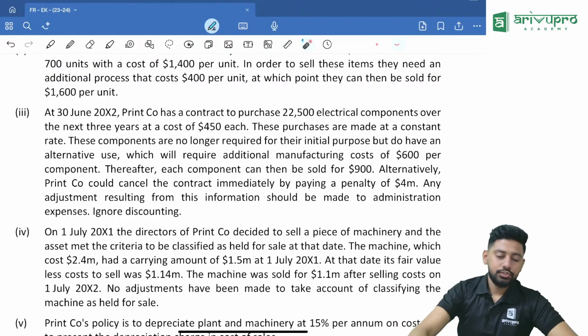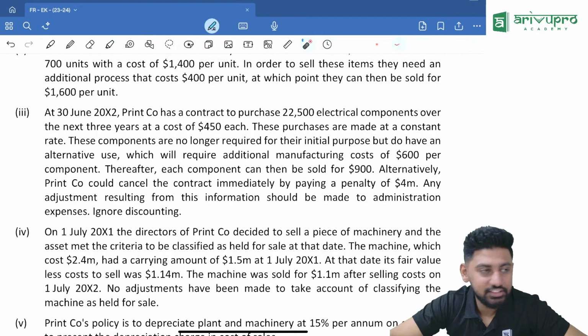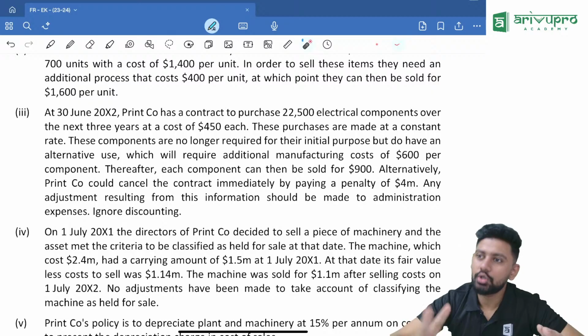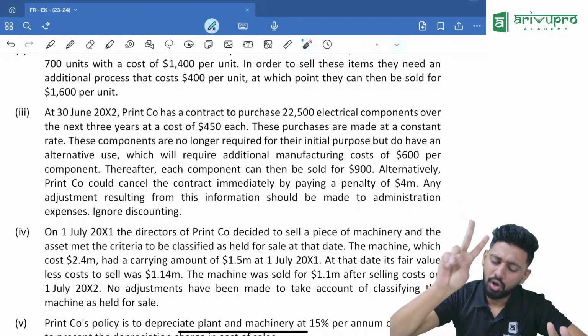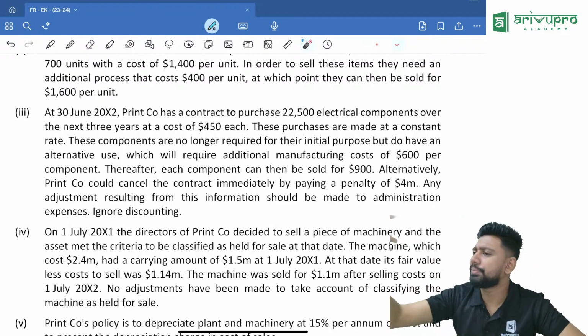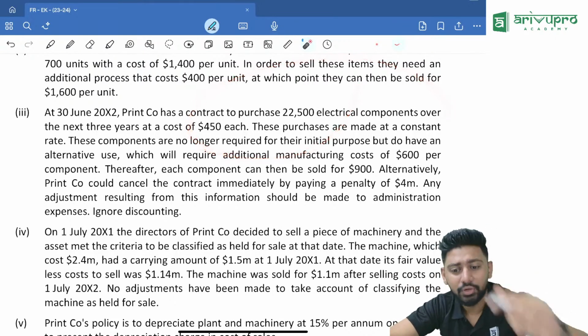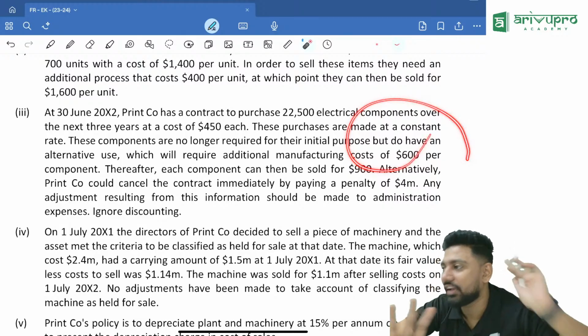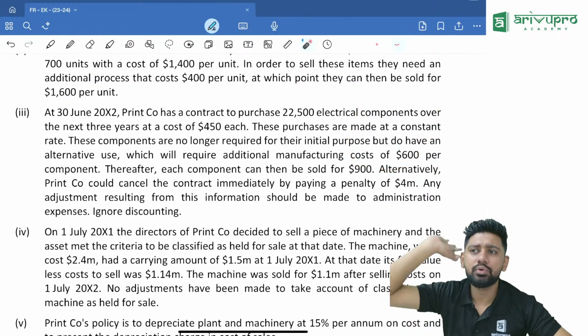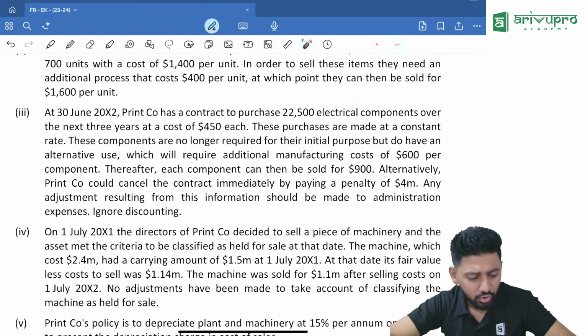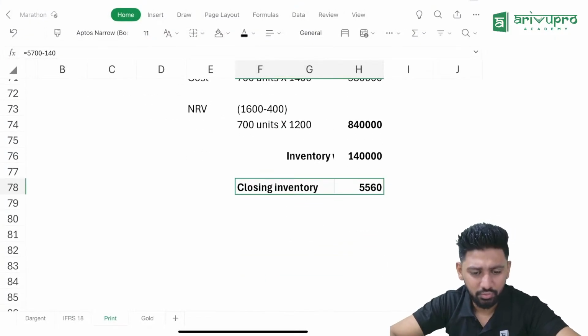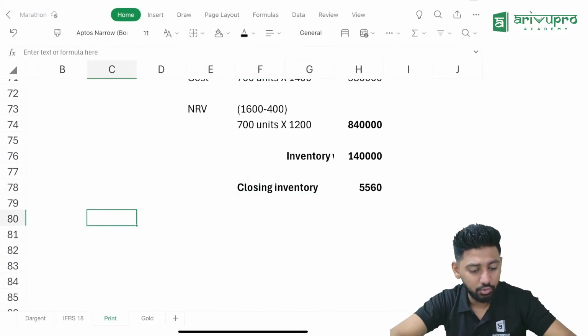Okay, now when you look at this particular point, you have only two options. Option number one, purchase the components, incur additional manufacturing cost. Option number two, cancel the contract. Yes or no? So I have only two options. These are additional notes that I'm giving you.